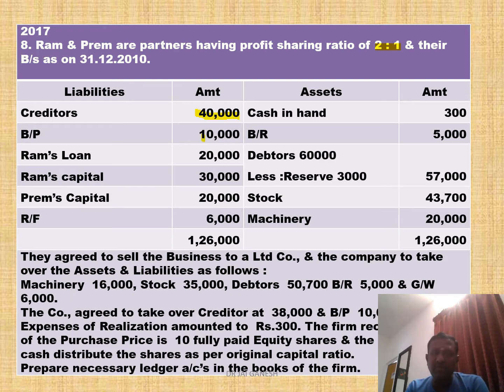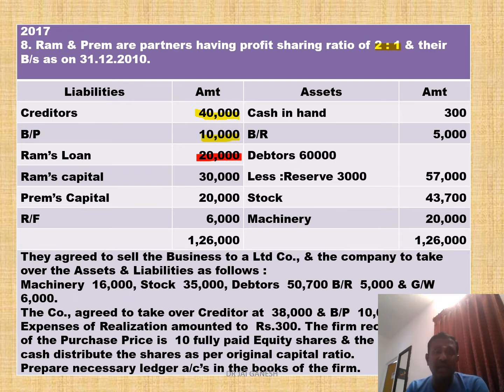BP 10,000 transferred to credit side of realization account. Ram loan. Ram is a partner. Partner loan should be taken straight to bank account. It's not an external liability. It's an internal liability. So Ram loan should be taken straight to bank account.